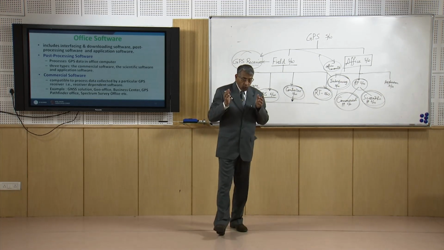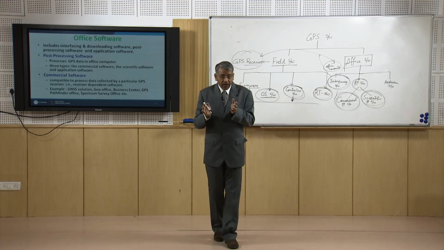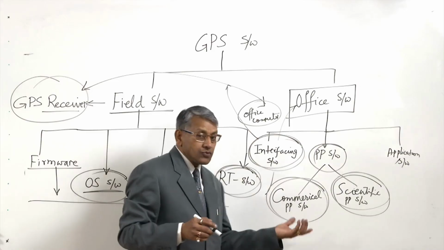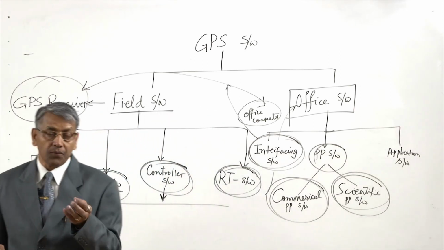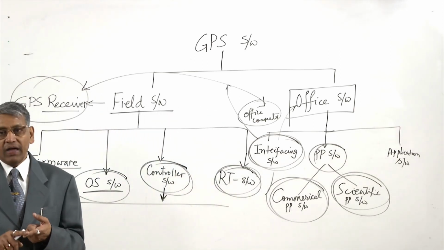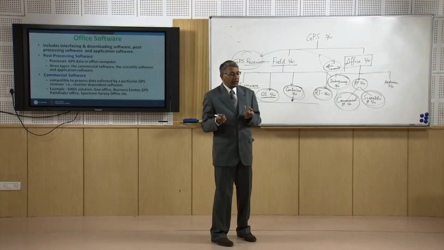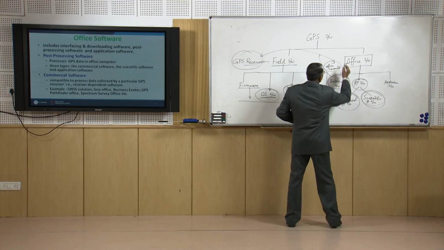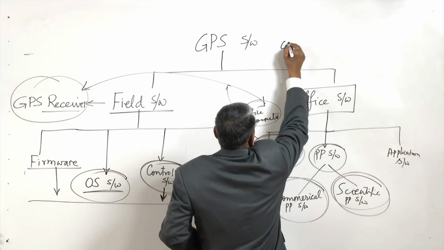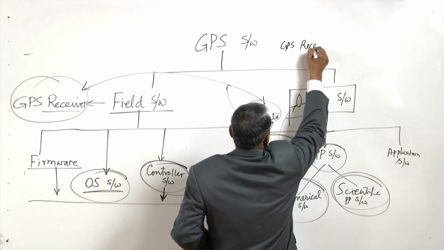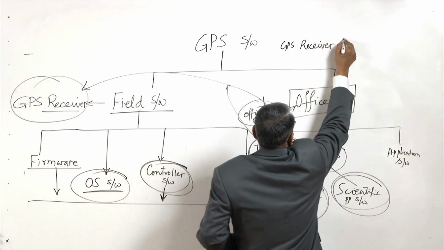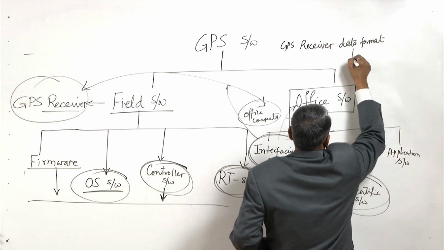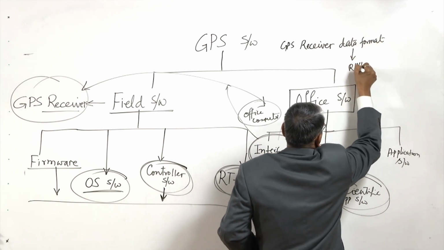To use that data, we have to make use of the particular commercial processing software that the particular format of the receiver demands, or we should convert the GPS receiver data format to RINEX format.